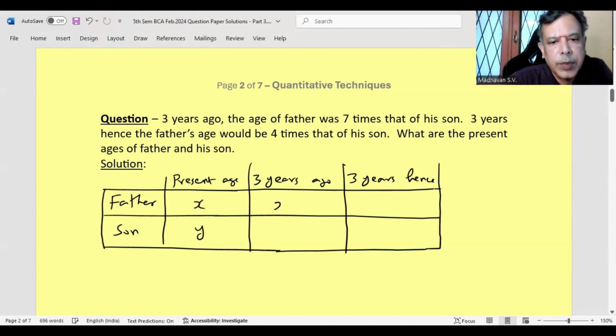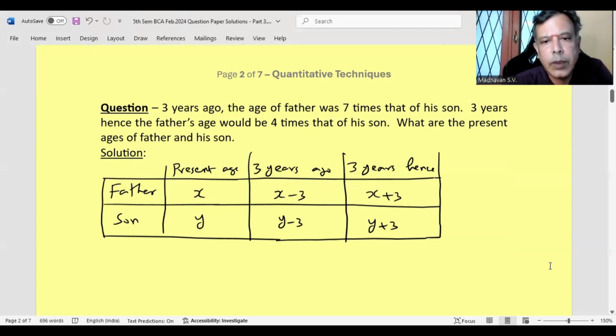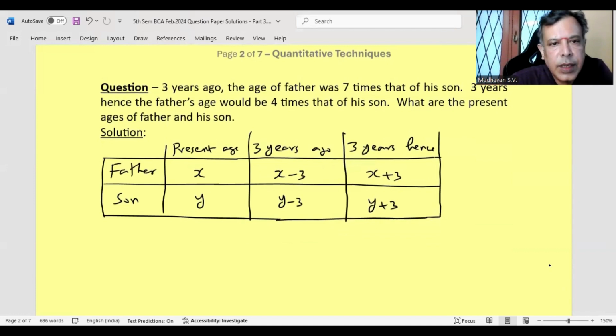Three years ago, it becomes X minus 3. This becomes Y minus 3. Here it is X plus 3. Here it is Y plus 3. Now the question says, 3 years ago, age of father means 3 years ago, age of father was X minus 3.